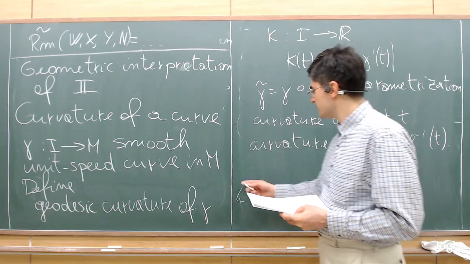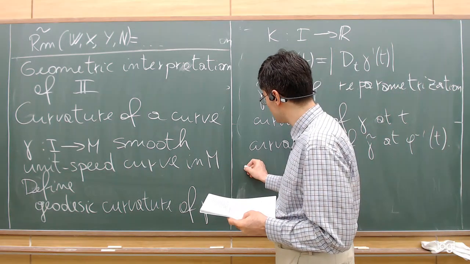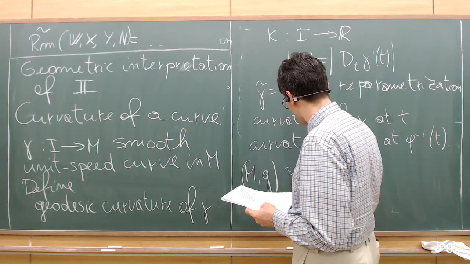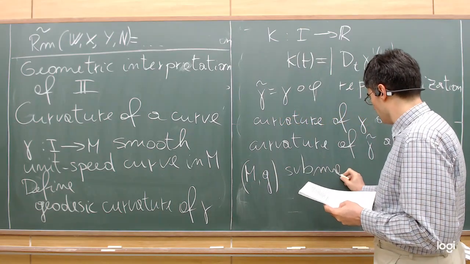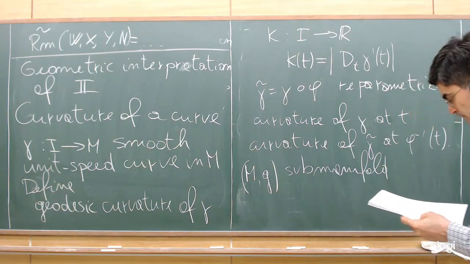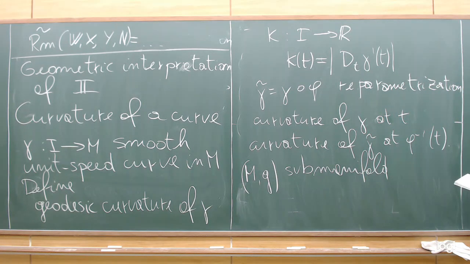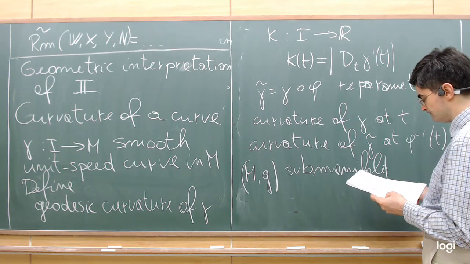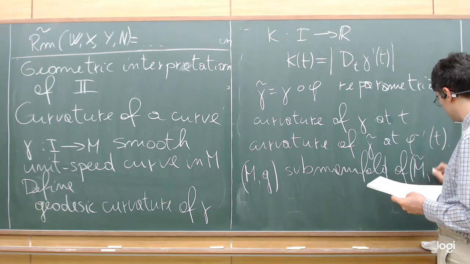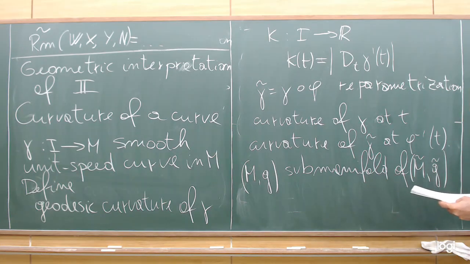Now suppose that this is a submanifold of M tilde, G tilde.